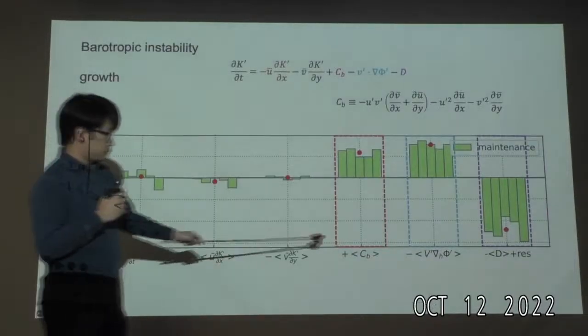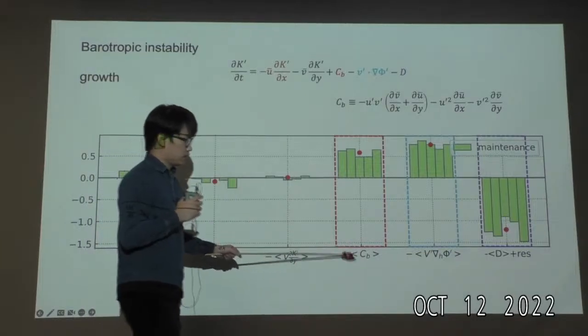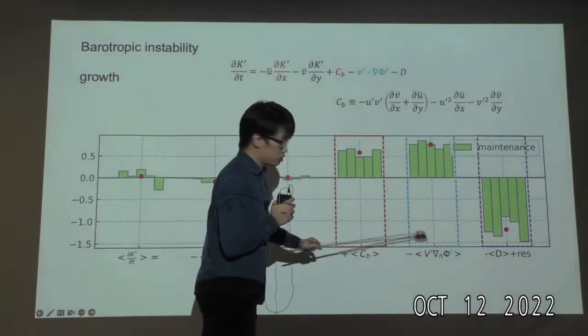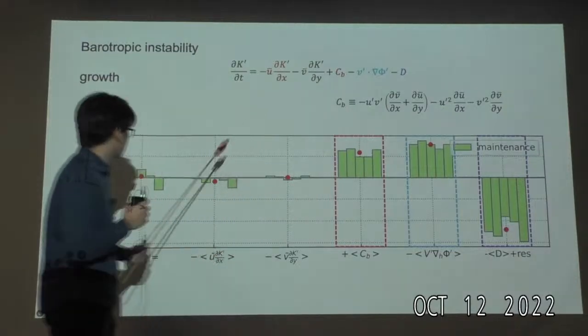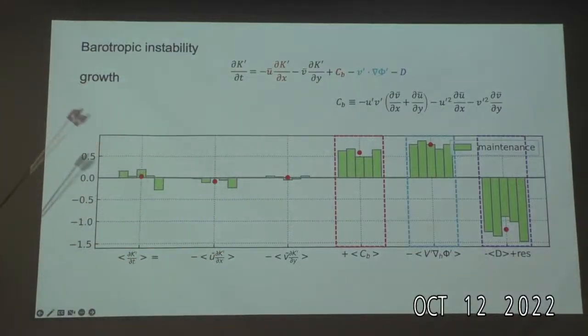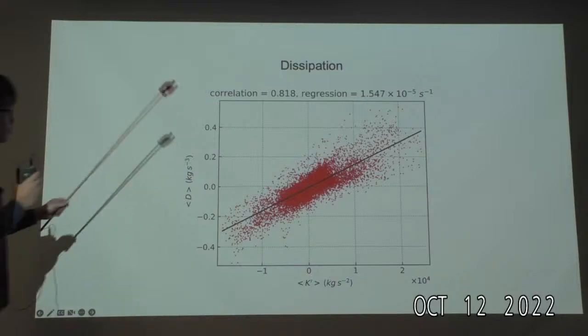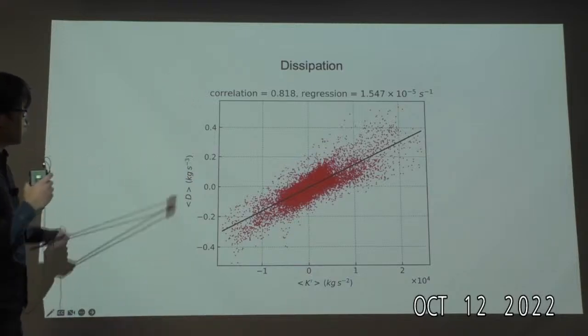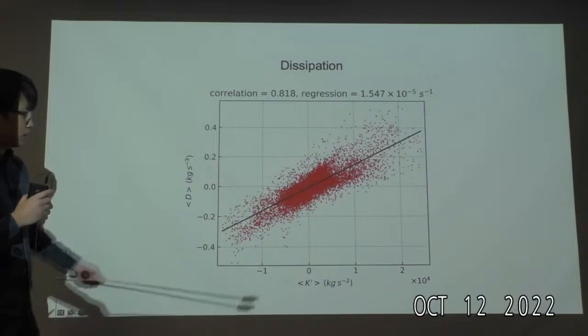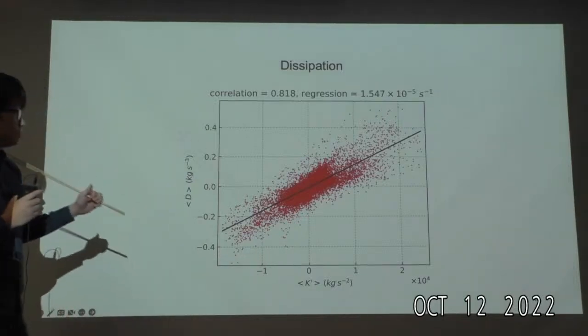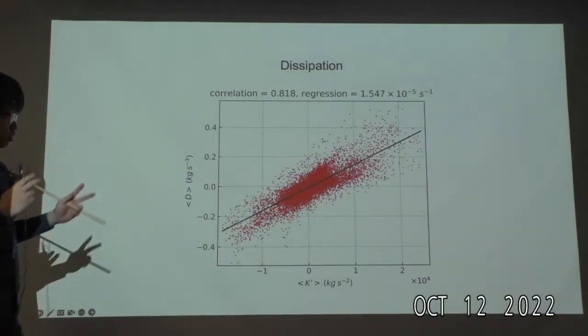You can see that if we add them together, it's almost equal and opposite to the dissipation, which means the barotropic term and the geopotential conversion might be the source of this kinetic energy, and the dissipation is a major sink of kinetic energy. And if we look at the relationship between the dissipation and the kinetic energy itself, we may find that it's more like a linear relationship.